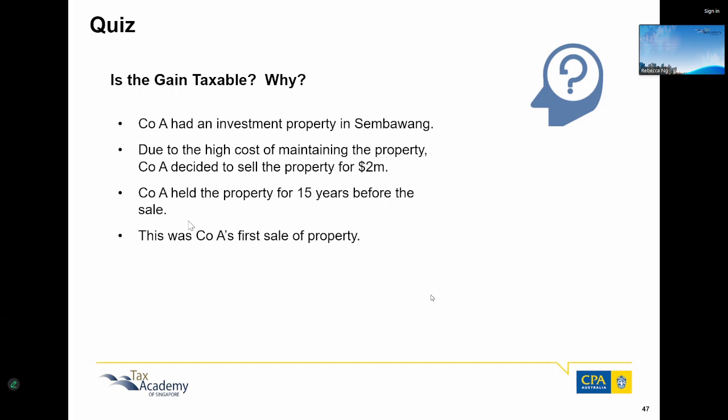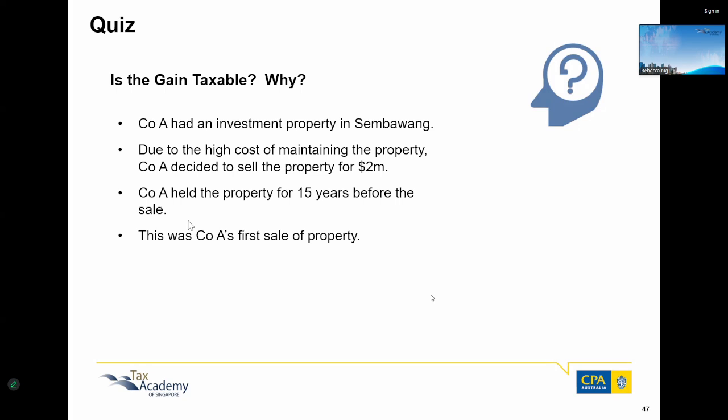Circumstances responsible for the sale. Why did the company sell this asset? The company sold the asset due to the high maintenance cost. Due to the high cost of maintaining the property, the company decided to sell. So the circumstances of sale did not suggest the company intended to deal in properties.